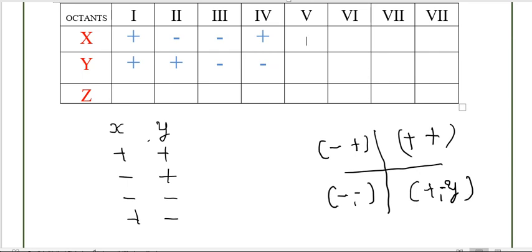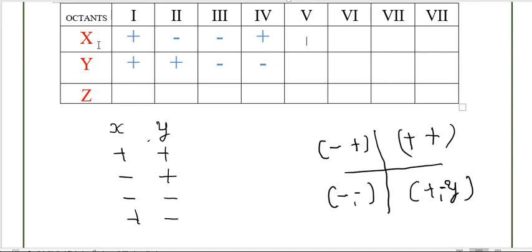The same thing I will write down first here: in the first quadrant x positive, y positive; in the second, negative positive; then negative negative in the third quadrant; and in the fourth quadrant positive negative.